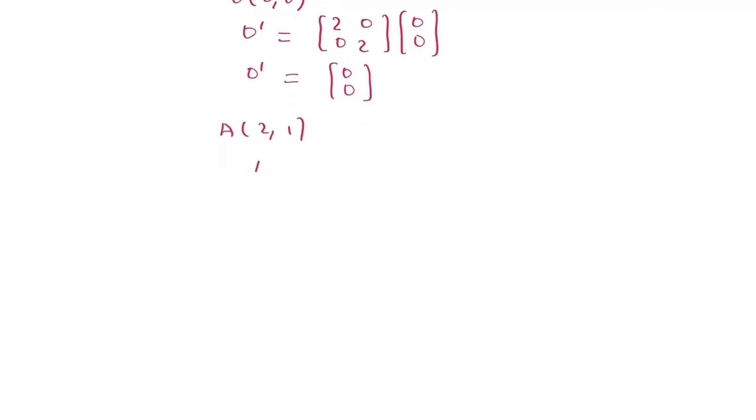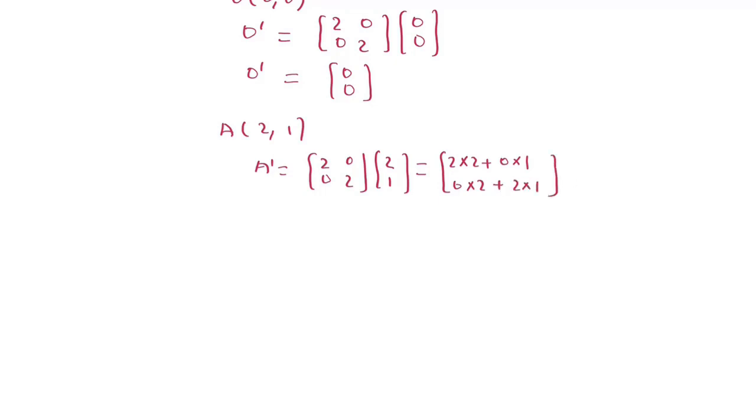Then A image equals to matrix 2, 0, 0, 2 times matrix 2, 1. Okay, so now let us apply multiplication of a matrix. We are having matrix 2 times 2 plus 0 times 1, 0 times 2 plus 2 times 1. After solving the values, we are having matrix 4, 2.